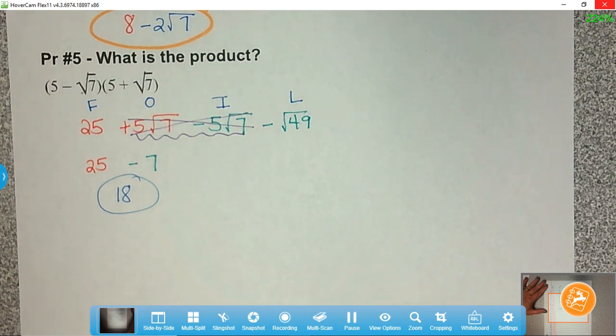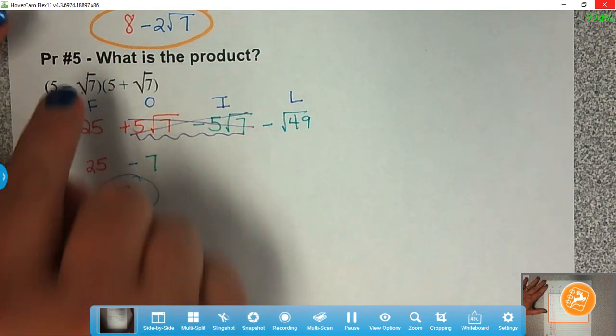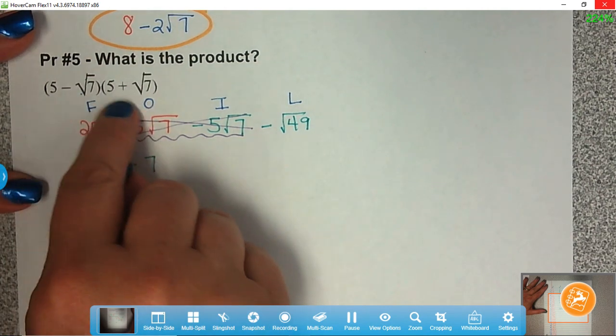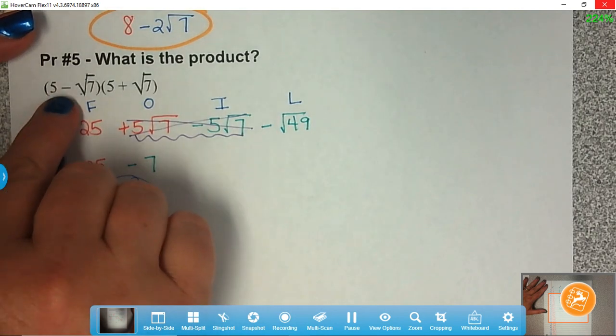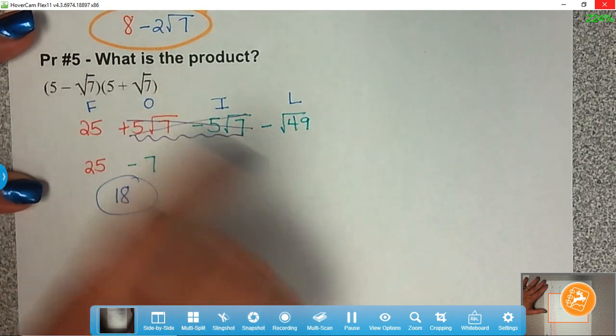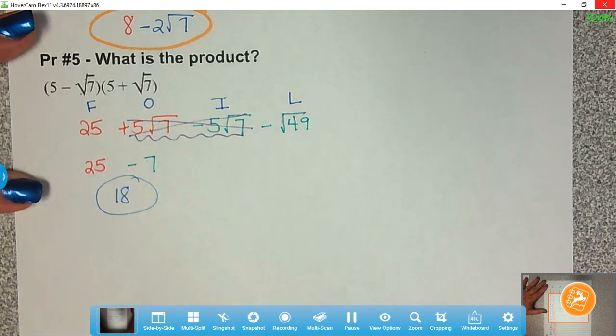So now let's talk about why that happens. And does it happen, how often does it happen? If you look, these two parentheses are identical, except this one has a minus in the middle, that one has a plus in the middle. Now, we dealt with these working with imaginary numbers earlier this year.